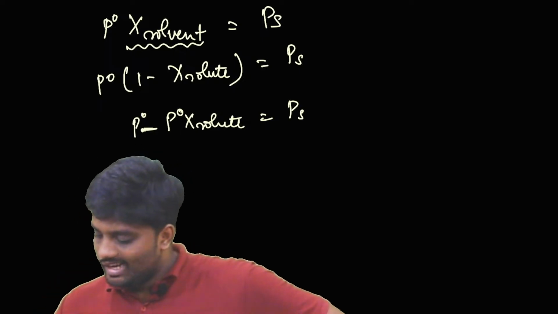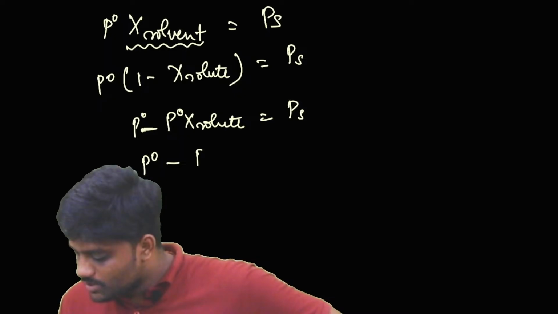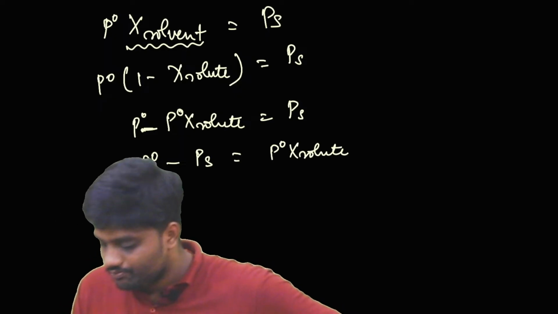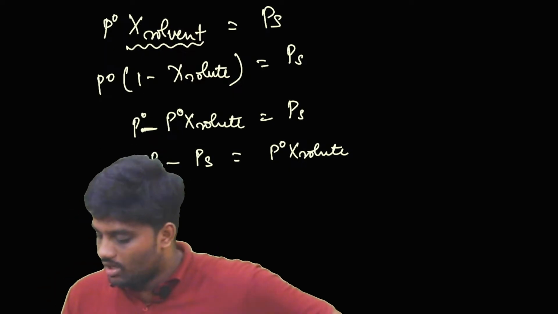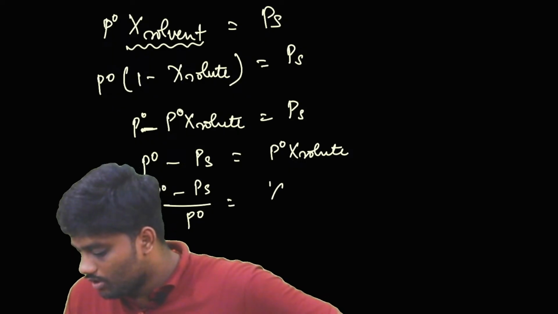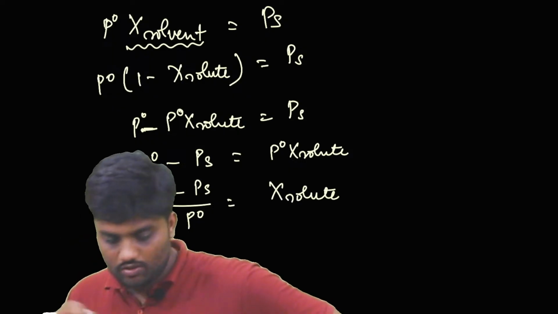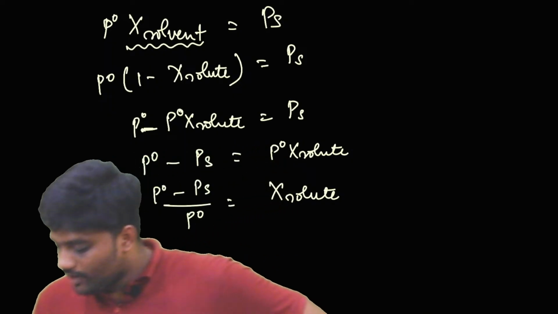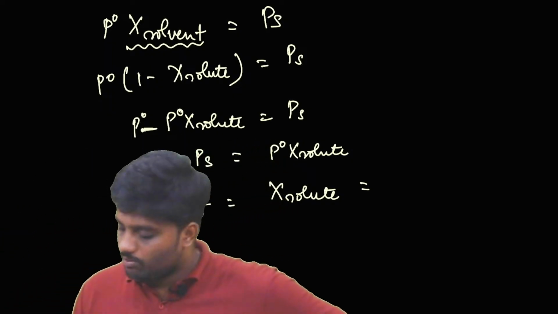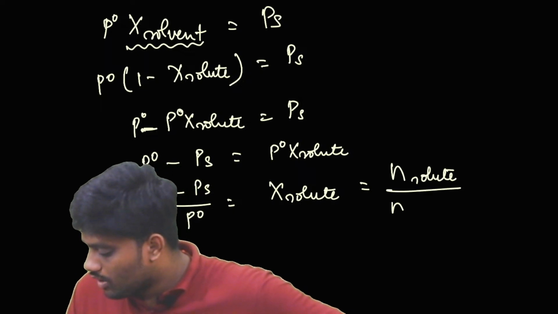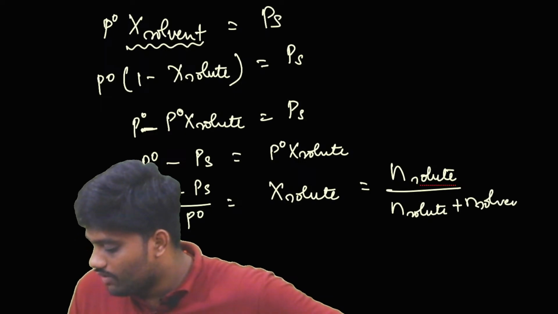So P naught minus PS equals P naught times psi of solute. Therefore, P naught minus PS upon P naught gives the mole fraction of the solute. The mole fraction of the solute can be written as moles of solute upon moles of solute plus moles of solvent.